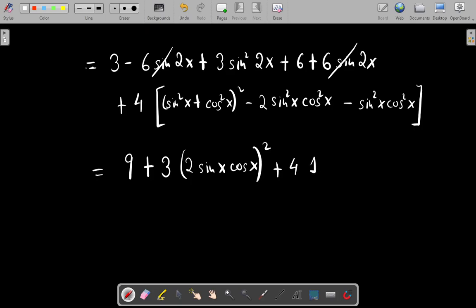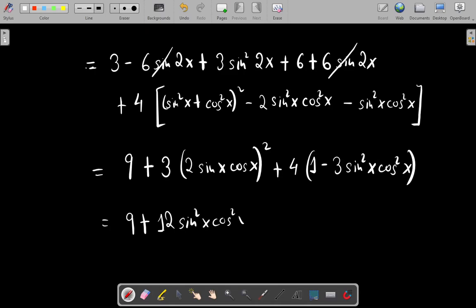So 4 times 1 minus this becomes 3 sin square x cos square x, right? So this becomes 3 plus this is 2 square, which is 4. 4 times 3 is 12 sin square x cos square x.